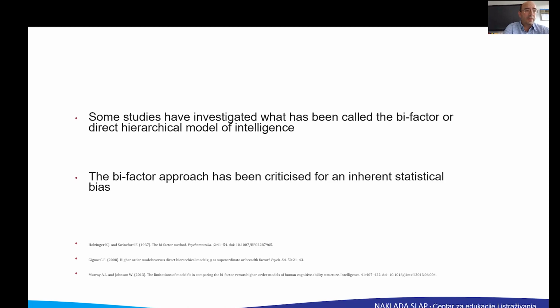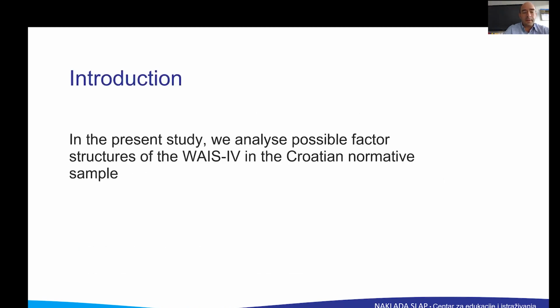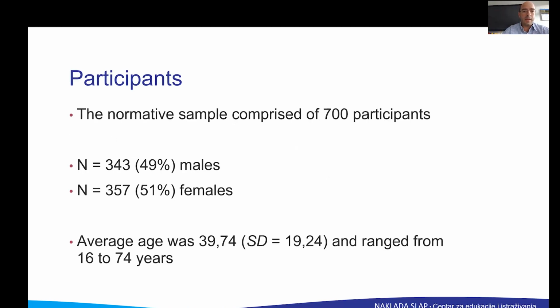But recently, the bifactor approach has been criticized for an inherent statistical bias, which makes it more likely to have acceptable fit statistics than the higher-order factor model. So in the present study, we try to analyze possible factor structure of the WAIS-4 in the Croatian normative sample.